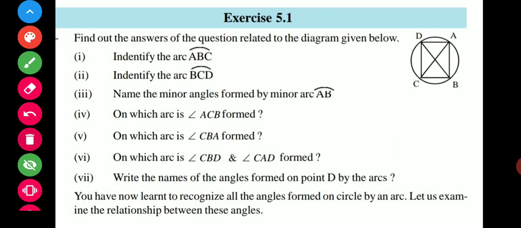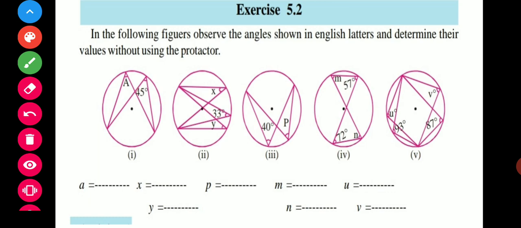Now come to the next exercise, that is 5.2. In this exercise, first of all, we want to know the angle of same segment. This is a circle.